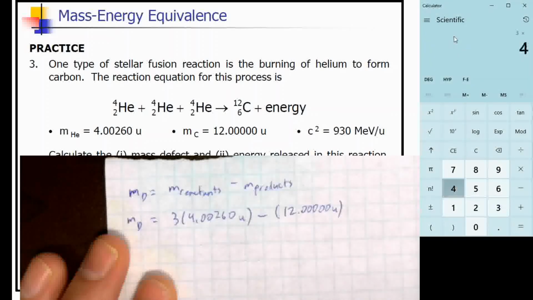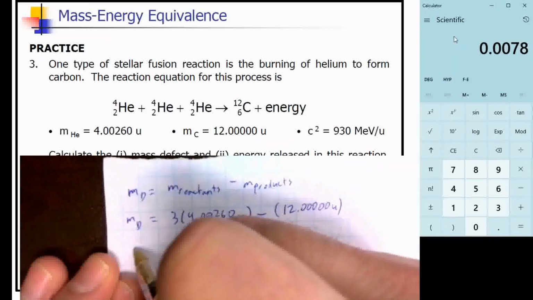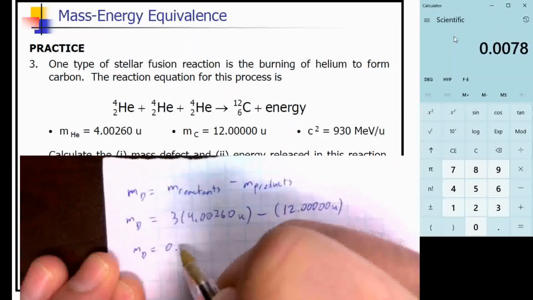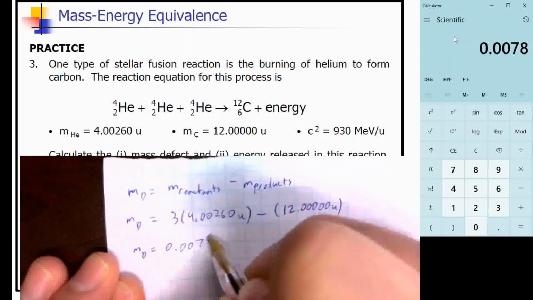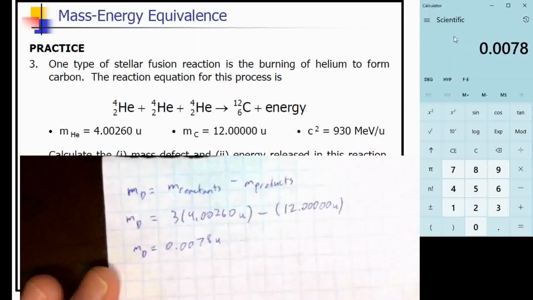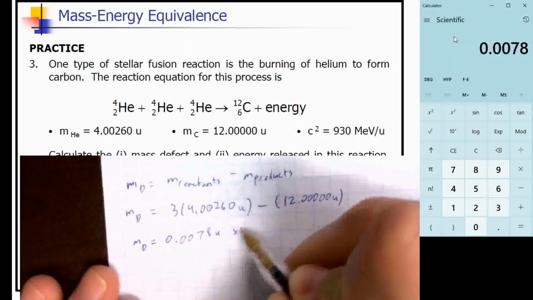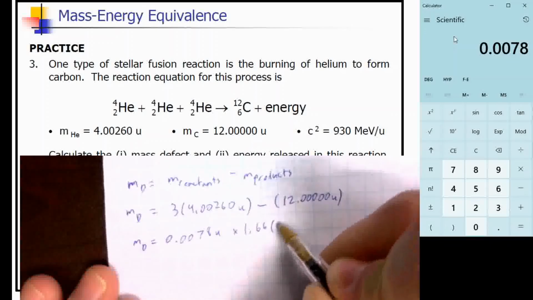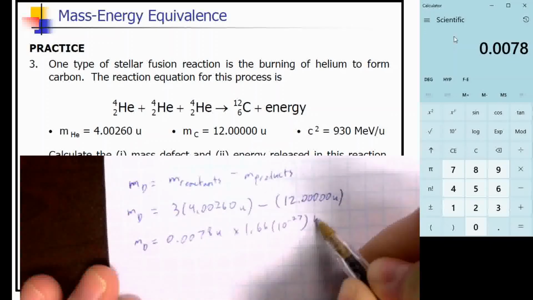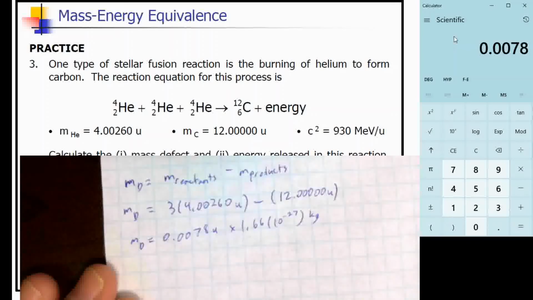So 3 times 4.00260, subtract 12, gives me this value for my mass defect, 0.0078 U. And I'm going to convert this to kilograms, multiplying by 1.66 times 10 to the power of negative 27.